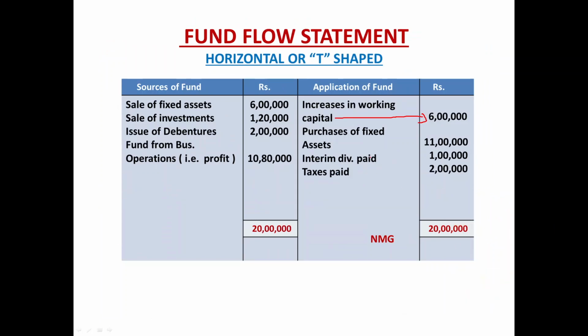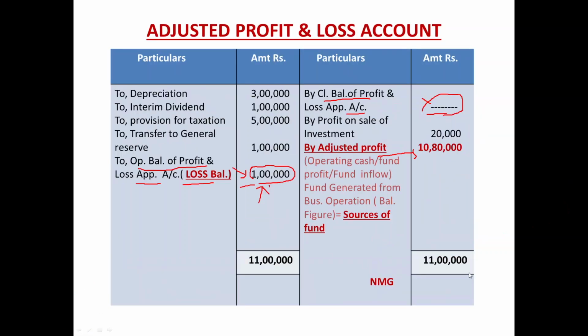Two items that we have to report: purchases of fixed assets 11 lakh as an application of fund, and sale of fixed assets as a source of fund, 6 lakh rupees. Adjusted profit and loss account: depreciation of the current year, rupees 3 lakh, as a non-cash item. Let us add it back. Depreciation rupees 3 lakh.